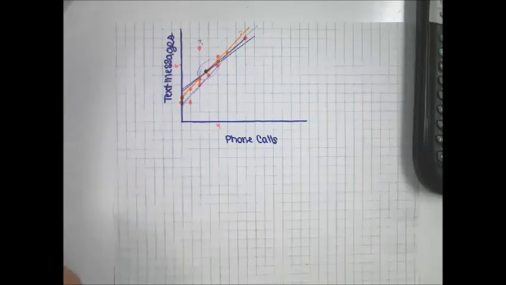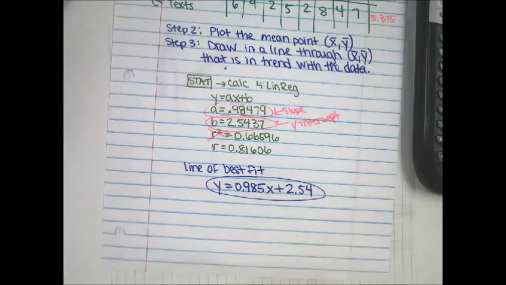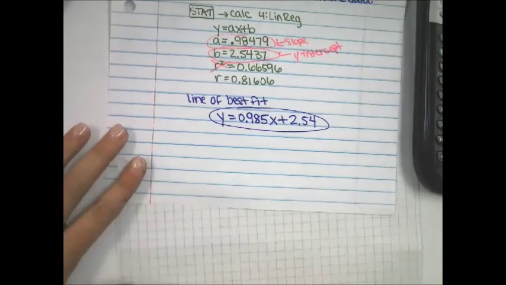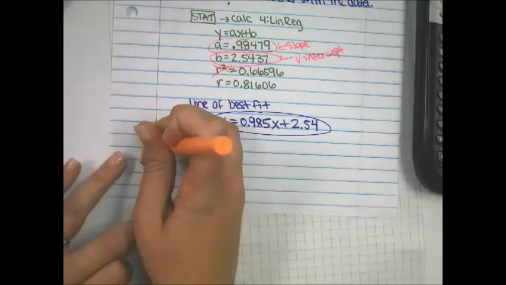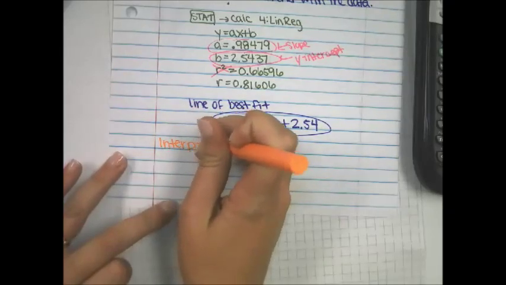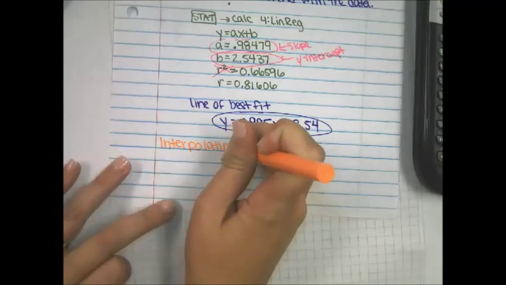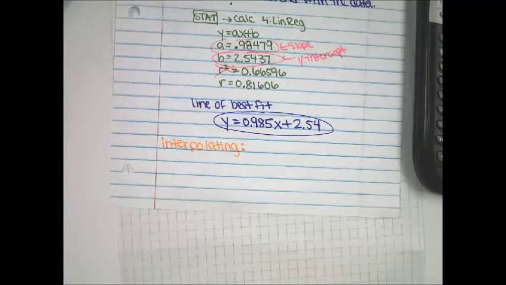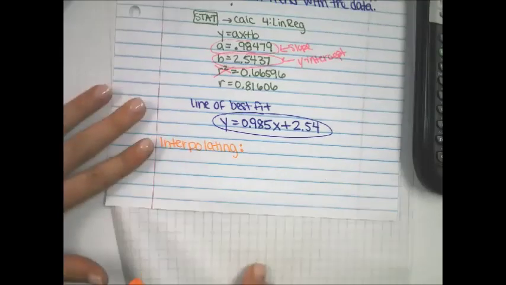So what does the line of best fit help us do with our data? It helps us do two things. Well, really one thing, but it has two different names. There's interpolating. Interpolating means that we can find data values that fall between the data that we have.